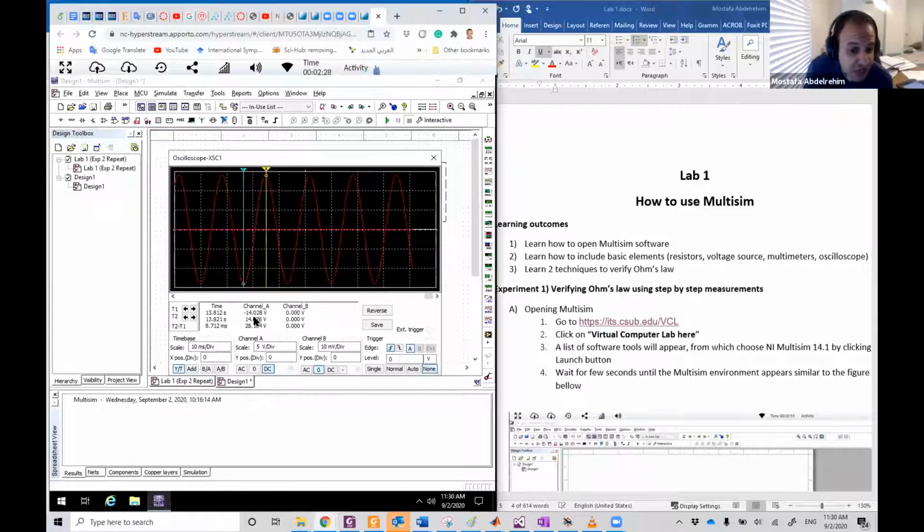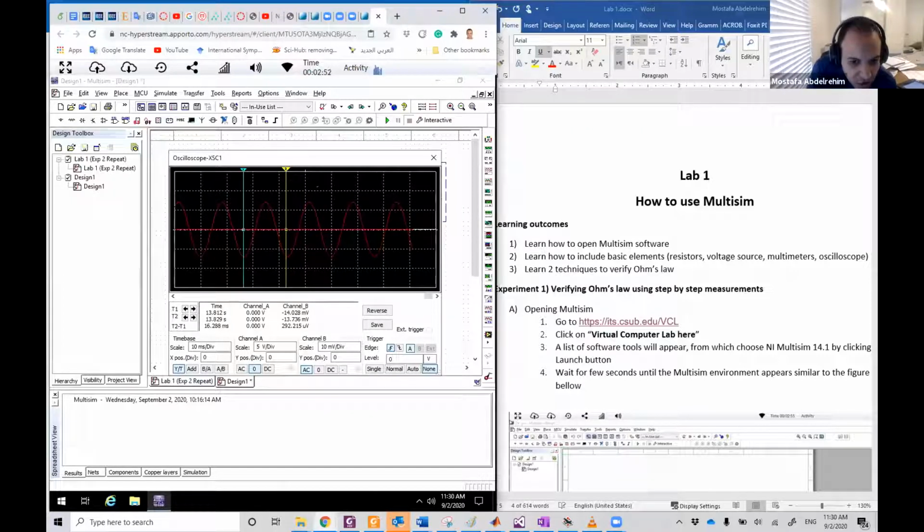You can do the same for channel B as well. Now let's hide channel A. So we press 0 here and just press AC here. We notice that this point is not moving with channel A, not like the other one.